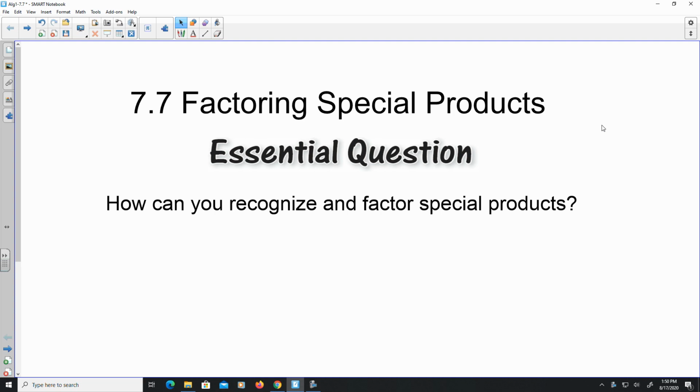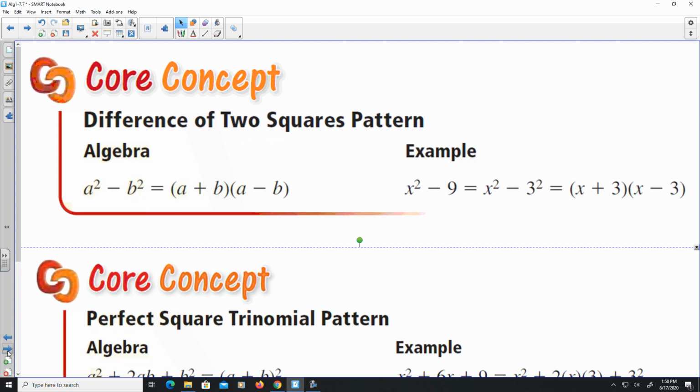It's actually, in my personal opinion, easier to factor special products, especially when you know that they're special products, because they're either going to be the sum and difference pattern or they are going to be perfect square trinomials. So if we go back and review, we're basically just looking at those patterns in reverse.